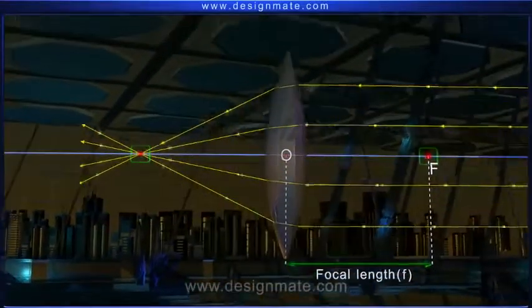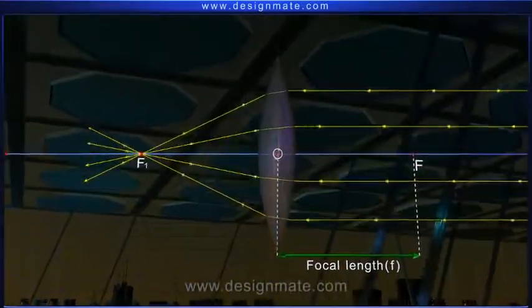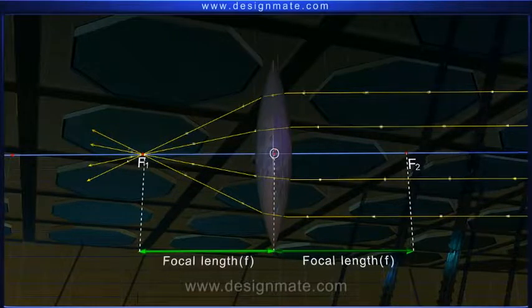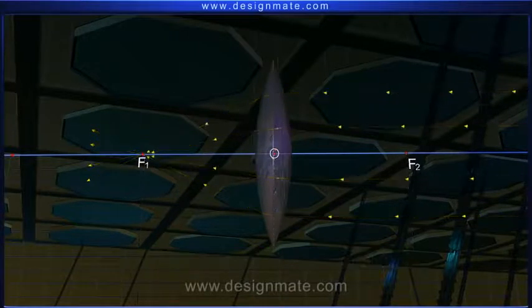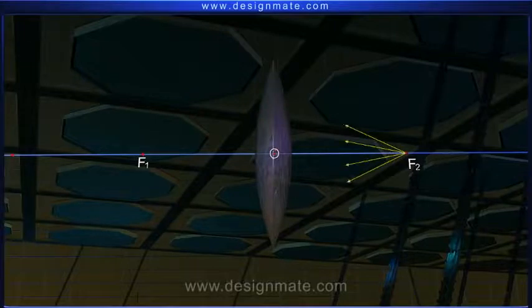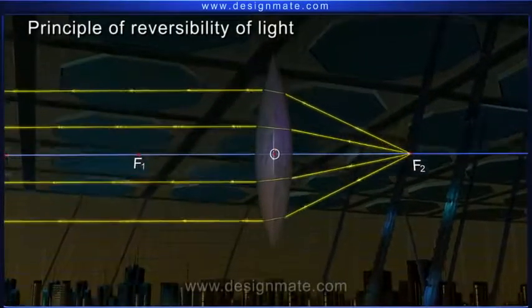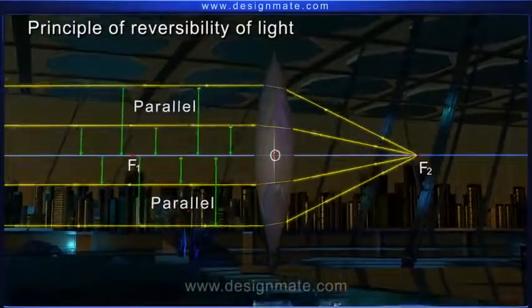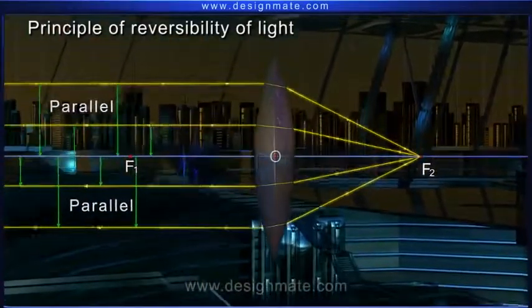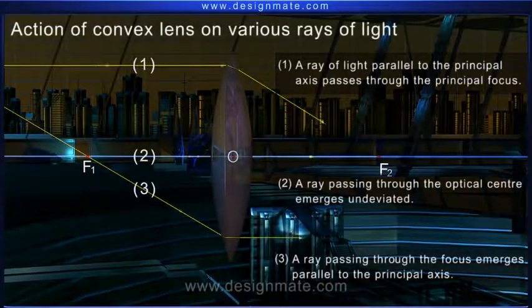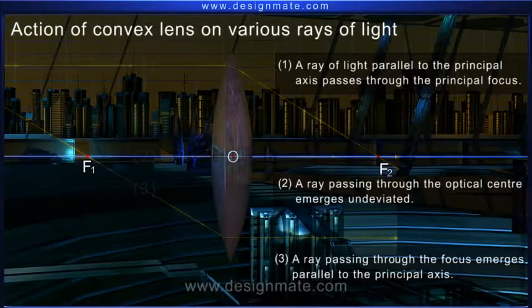Therefore, a convex lens has two focal points, usually represented by f1 and f2, one on each side, equidistant from the optical center. According to the principle of reversibility of light, a ray of light passing through the focal point of the convex lens emerges on the other side of the lens parallel to its principal axis. Having understood the action of convex lenses on various rays of light, let us now see how they form images.